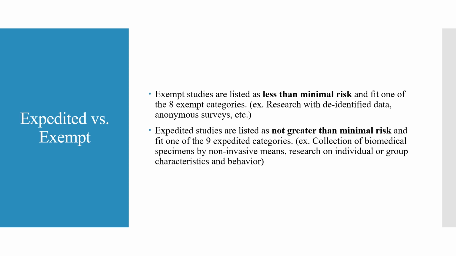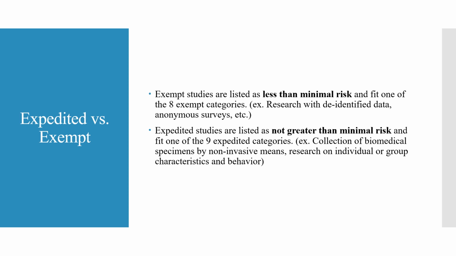Exempt studies are going to be very, very low risk. So an example of an exempt study would be research with de-identified data or anonymous surveys. Things where your participants are at very little risk of any of their information being leaked or any of those survey answers being connected back to them. That risk is very low.